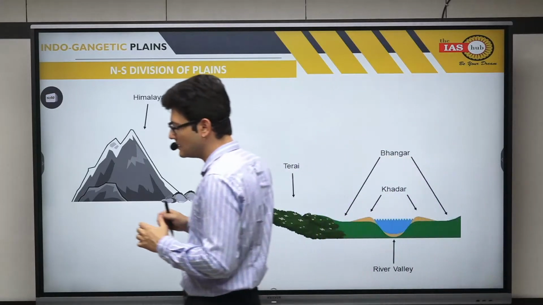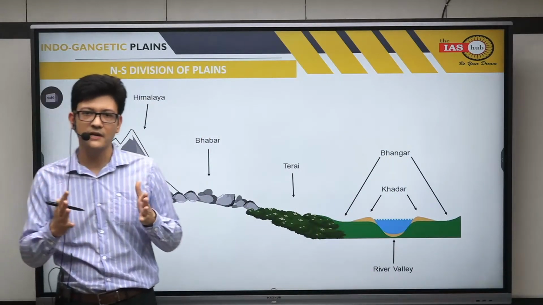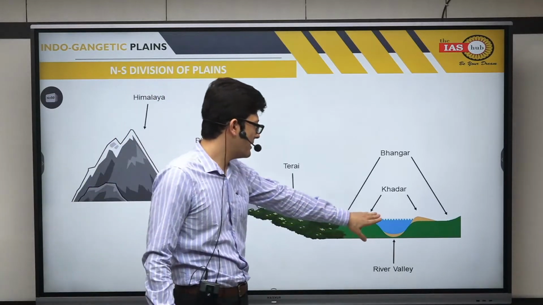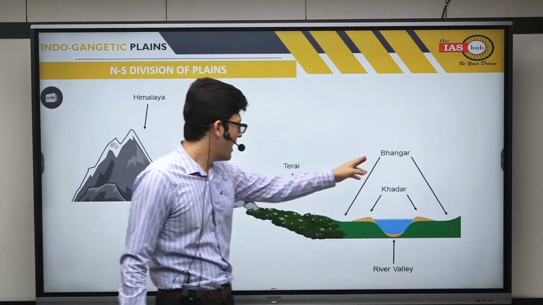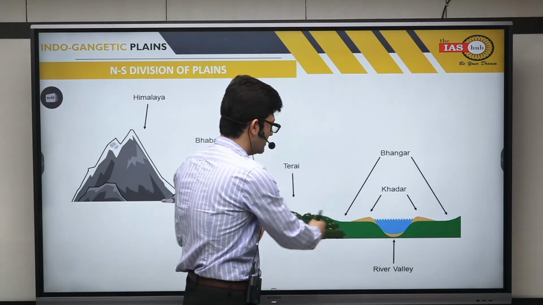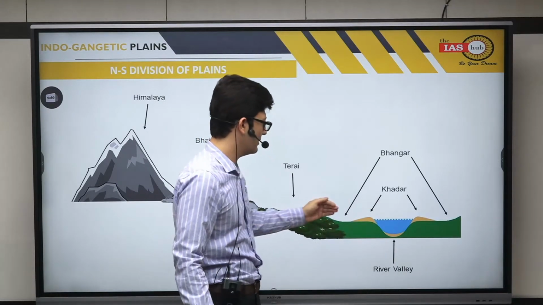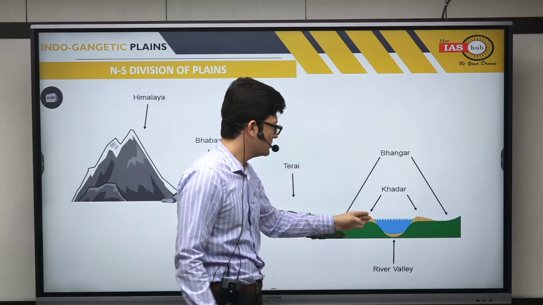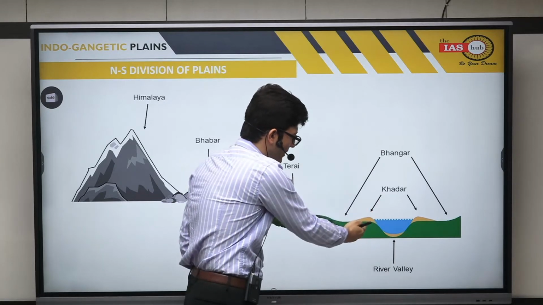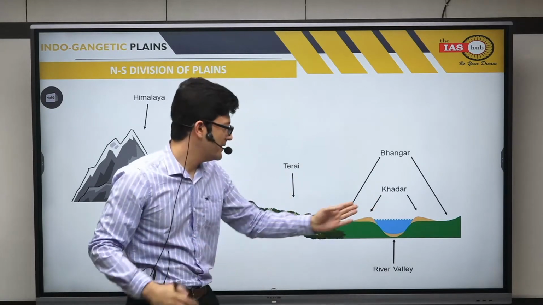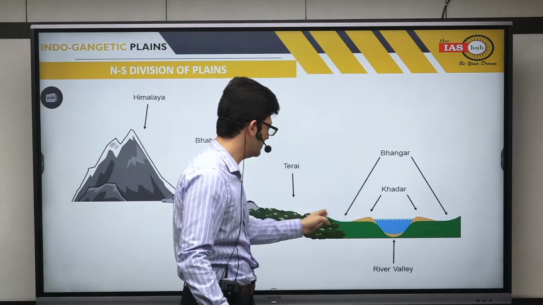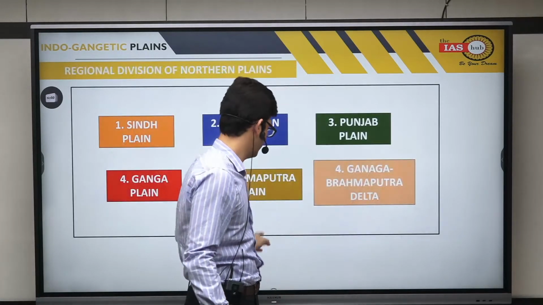The Bhangar plains are the older alluvium. If the river is flowing in a particular direction, as you can understand from this schematic diagram, the Bhangar is the older alluvium which lies away from the river. Over a period of time, as the river deposits more and more alluvium, the older alluvium gets away from the natural flow.